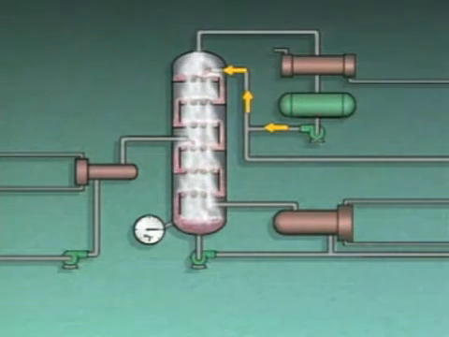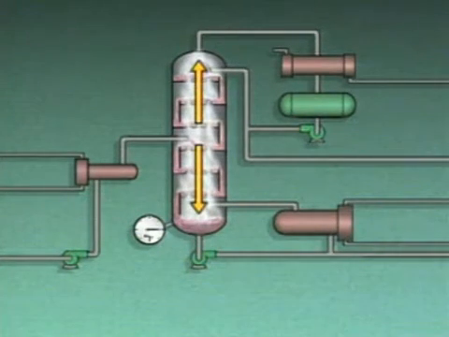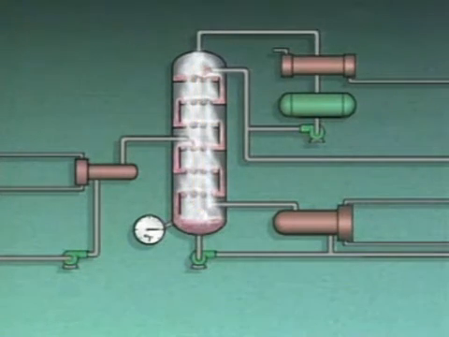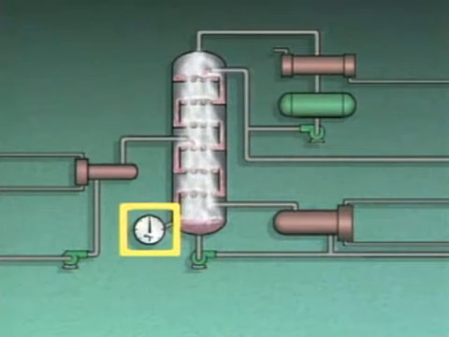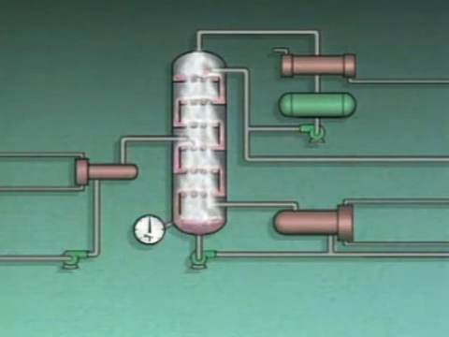If the cooling effect of the increased reflux offsets the rise in bottom temperature, the system may reach a new set of steady-state conditions. Under these conditions, product composition may still be within specs, but a lot more energy will be used to produce basically the same products. By lowering the temperature at the bottom of the column to its proper value, the over-fractionation problem can be eliminated, and the column can return to its original operating conditions.